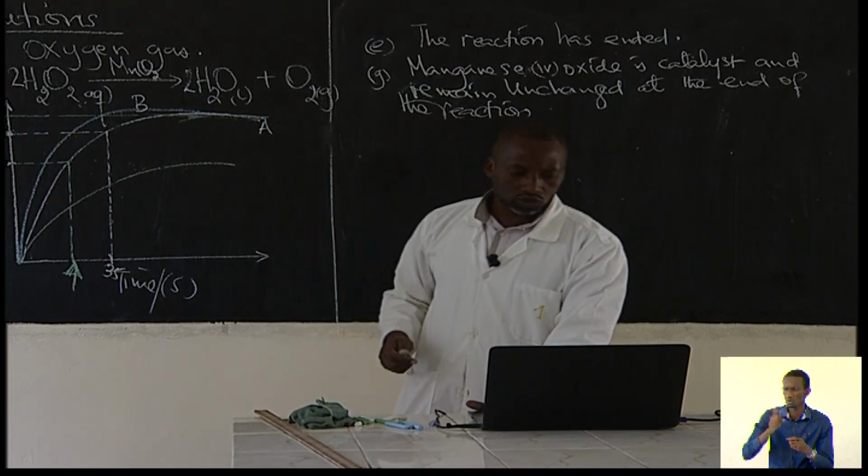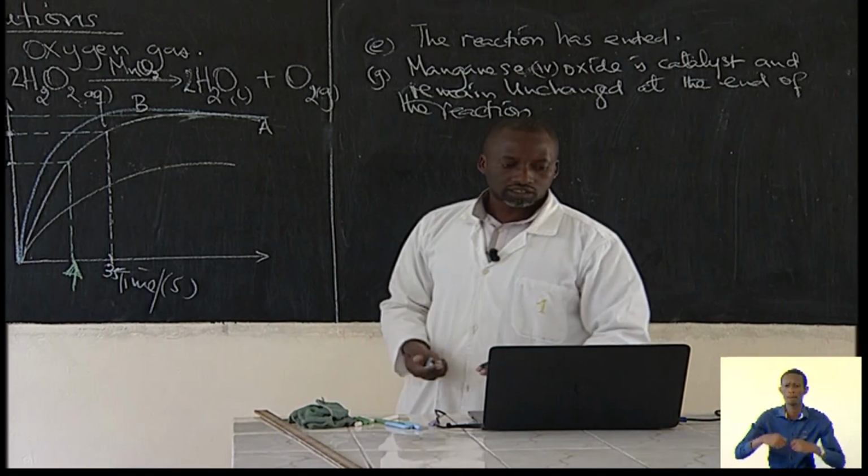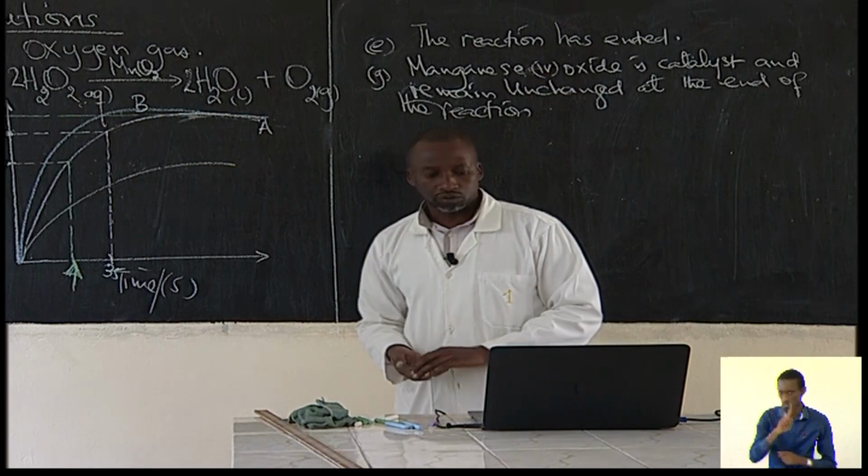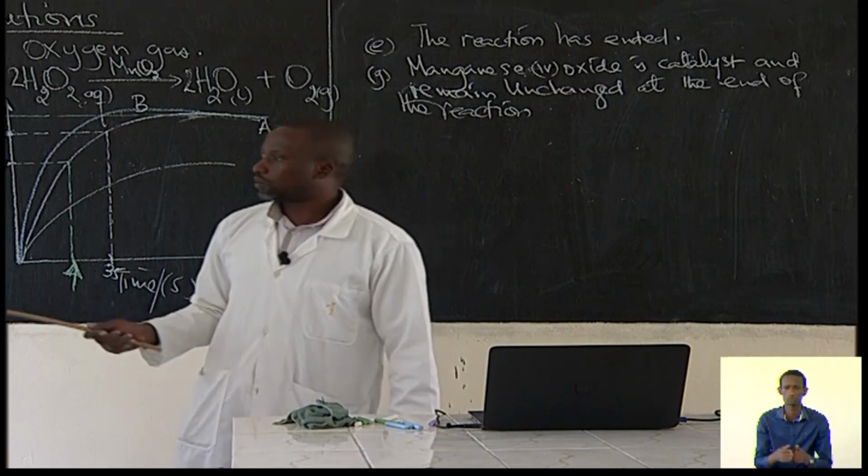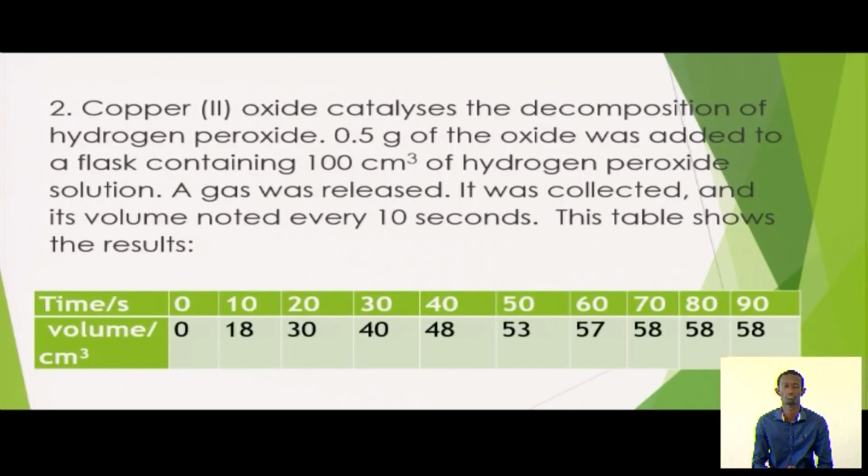So we'll just go to the next question, which is question number 2, almost similar to that one, so I wouldn't expect a lot of different questions. Copper II oxide catalyzes the decomposition of hydrogen peroxide. So manganese IV oxide is not the only catalyst that can be used. That is why I brought this one.